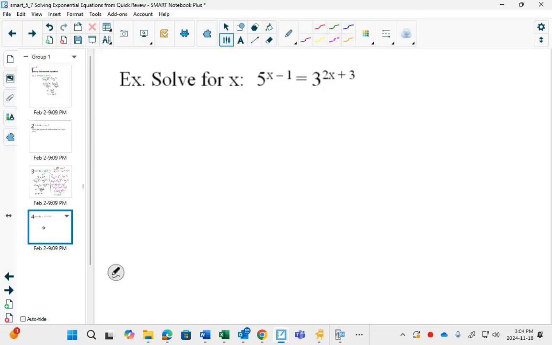Okay? This time, just for fun and for efficiency, instead of taking the log of both sides, I'm going to use the natural log. What's the difference? Technically, one letter saves you 1/8 of a millisecond of time.